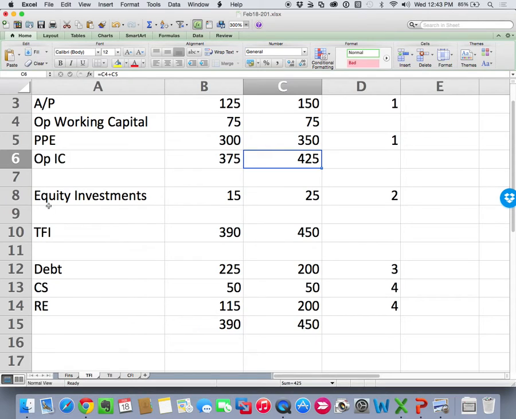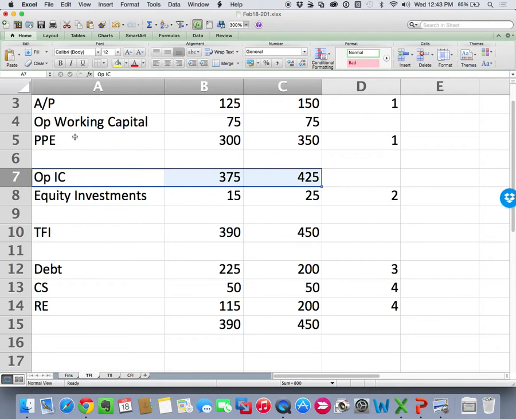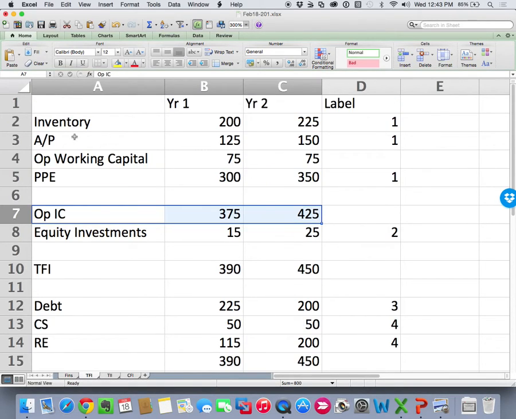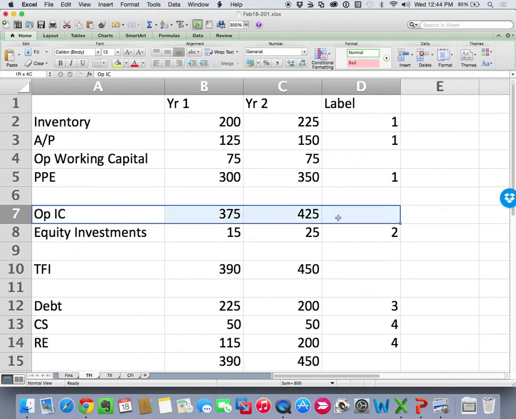So what I'm going to do with my operating invested capital is move this down, and then create the concept, or actually I already did this in the previous class, of operating working capital. Operating working capital is inventory less accounts payable, equals operating working capital, plus long-term invested capital equals operating invested capital.